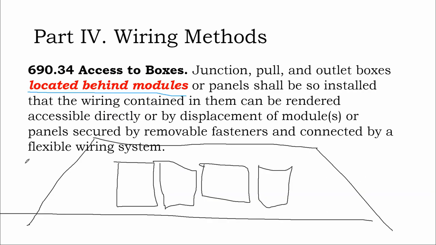And the question is, when you make this transition with your box, do you have to put the box outside the array and then run conduit to it and then drill into the roof and go into the roof from there? The answer is no.